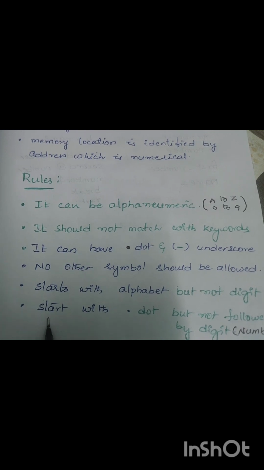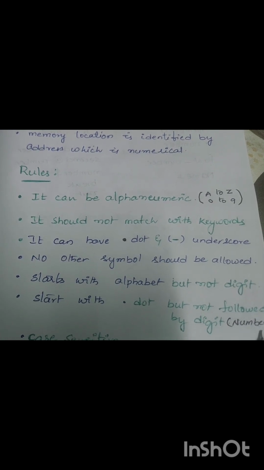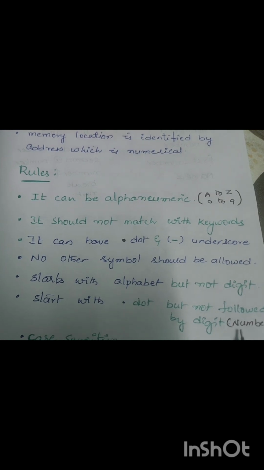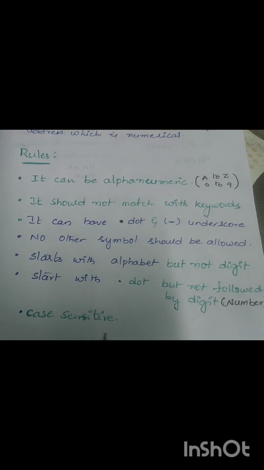Now a variable can start with a dot but it should not be followed by a digit. After the dot we should not get a number. And the final and last important thing is that the variable is case sensitive.